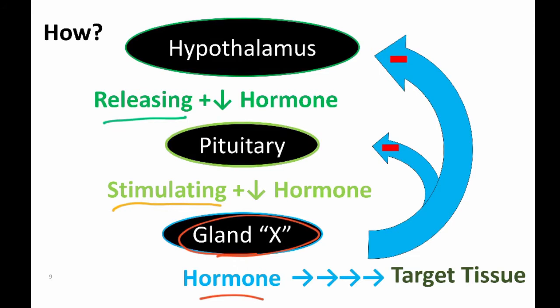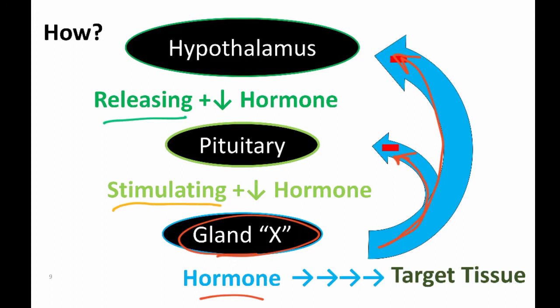Circulating levels of the third hormone have a negative feedback effect on secretion of the stimulating hormone as well as on the releasing hormone. Remember, if you have homeostasis, the major mechanism is going to be negative feedback, where the response counteracts the original stimulus.